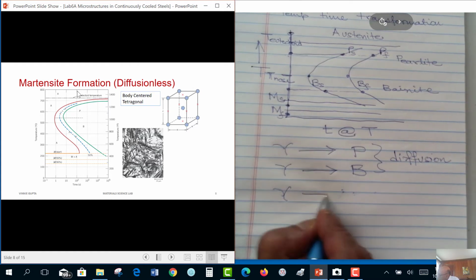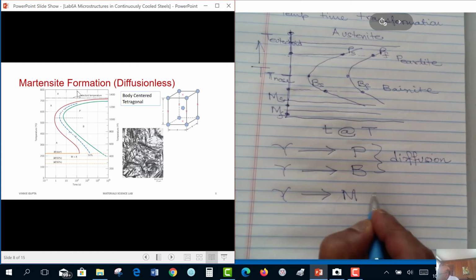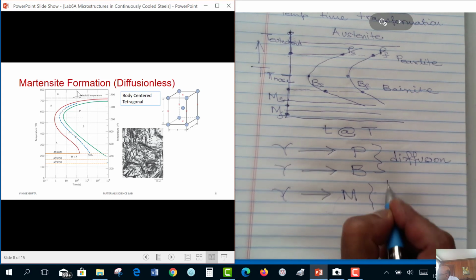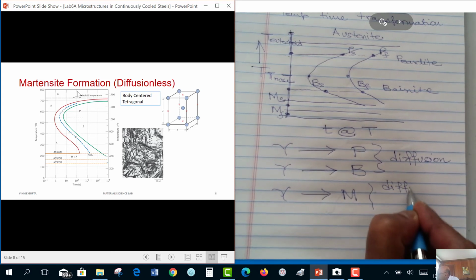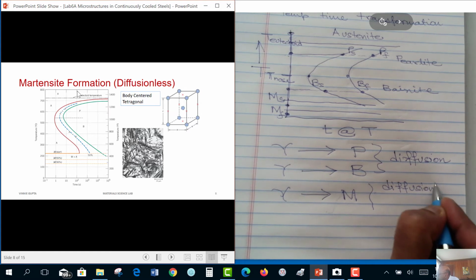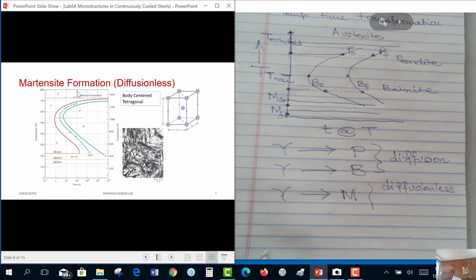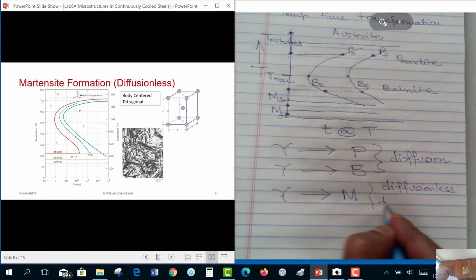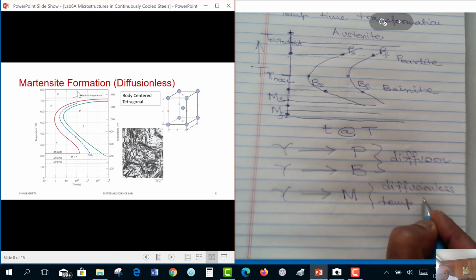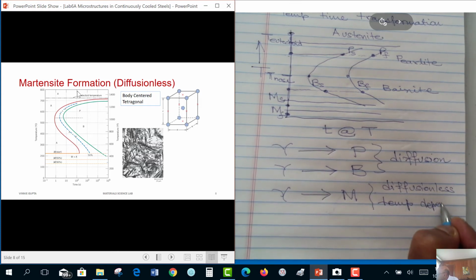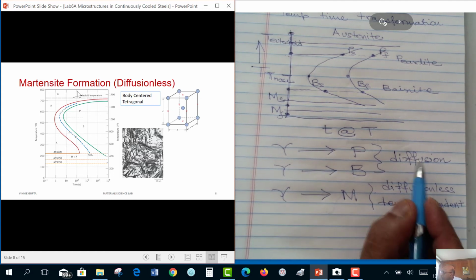So austenite to Martensite transformation is first of all diffusionless. So it is instantaneous. Time does not play a role. Only temperature plays a role. So it is temperature dependent, not time dependent. Whereas diffusion was both time and temperature dependent.